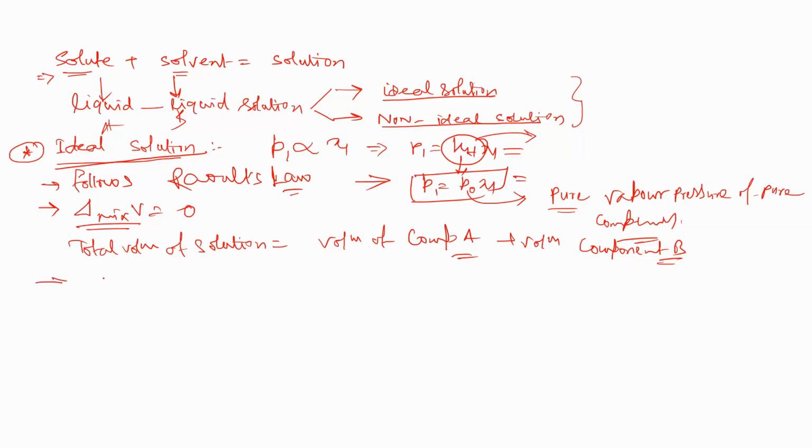The third condition is that delta mix H is equal to 0. It means that when the two liquids are mixed with each other, there is no gain of heat and no release of heat.